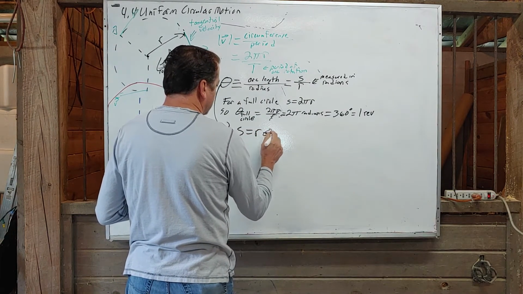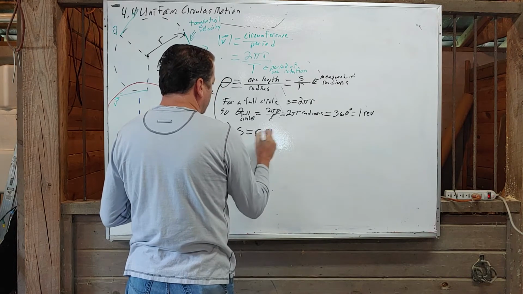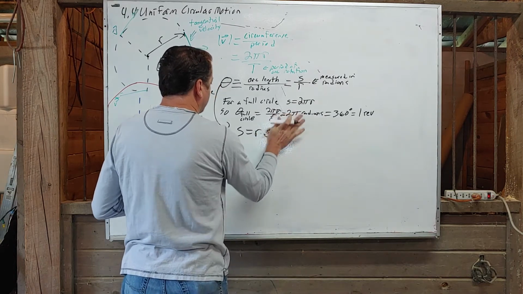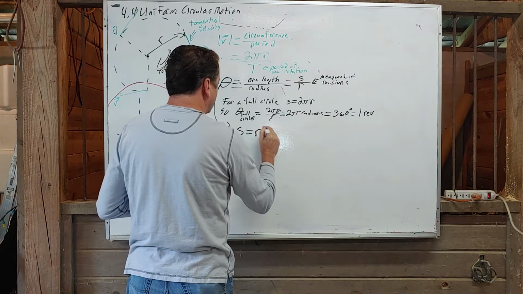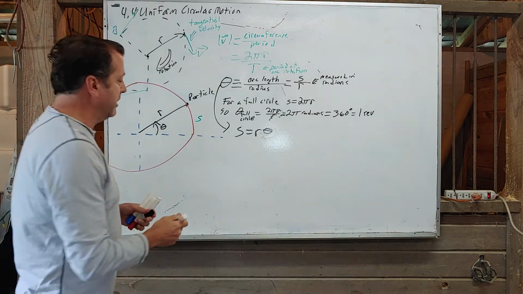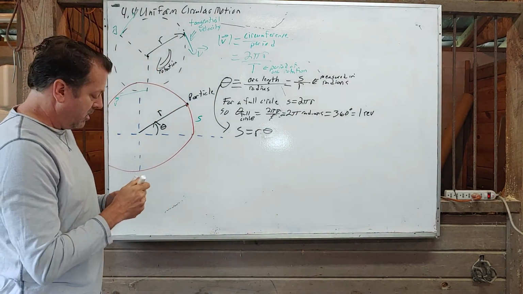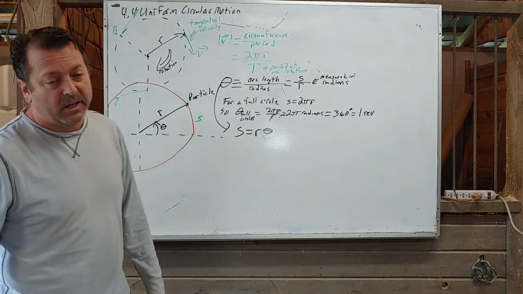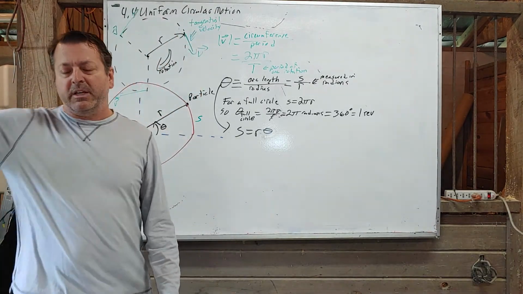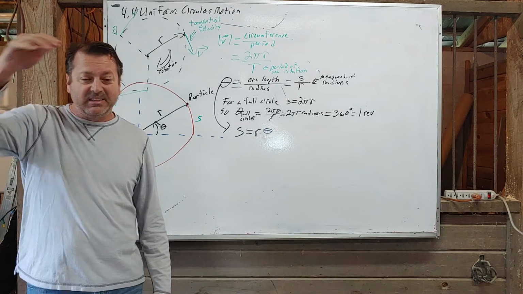And this, remember, let me see if I can get that better. That's not much better, but you get the idea. Arc length equals r theta. However much travels in arc, that distance in arc.